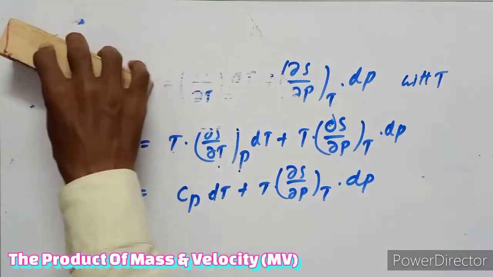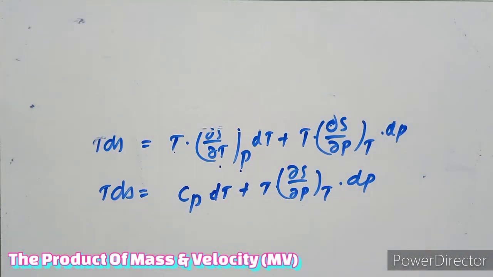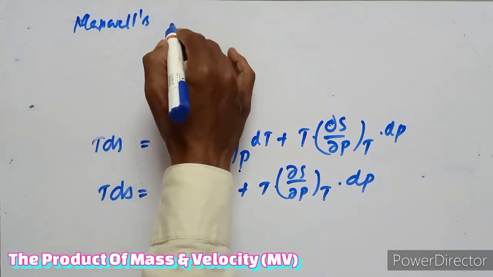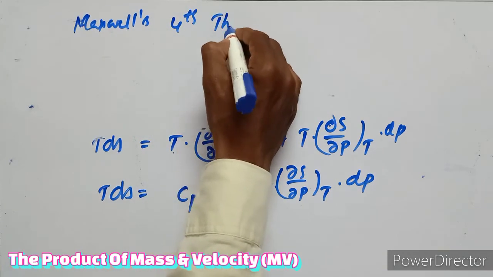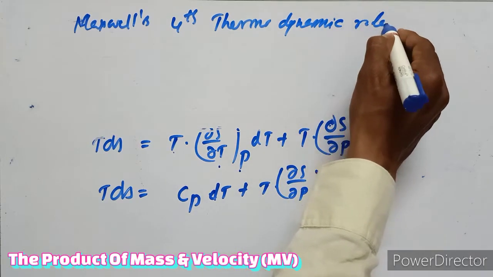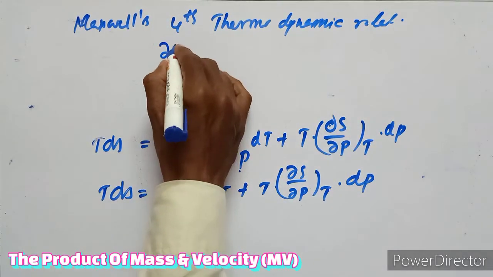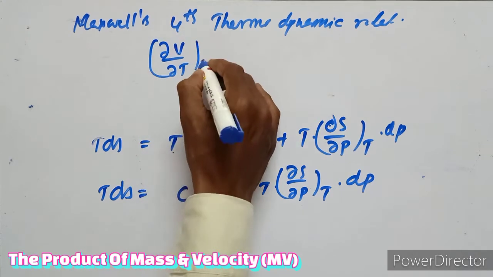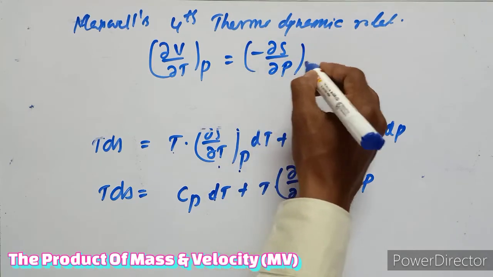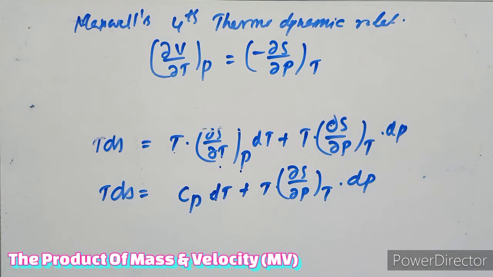Now we write Maxwell's fourth thermodynamic relation, that is dou v upon dou t at p equals minus dou s upon dou p at t. So in the place of dou s upon dou p at t, we substitute this, but with the minus.